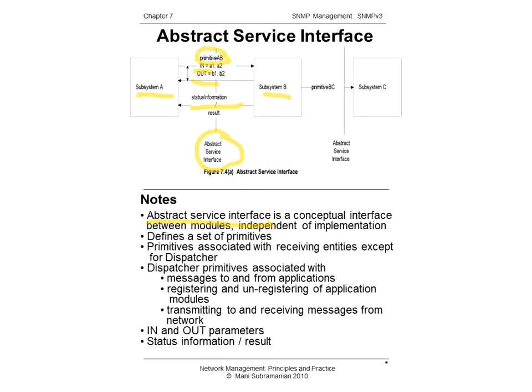Because of the execution of primitive AB, subsystem B may initiate a request for service from another subsystem, subsystem C, using primitive BC over the abstract service interface between subsystems B and C.